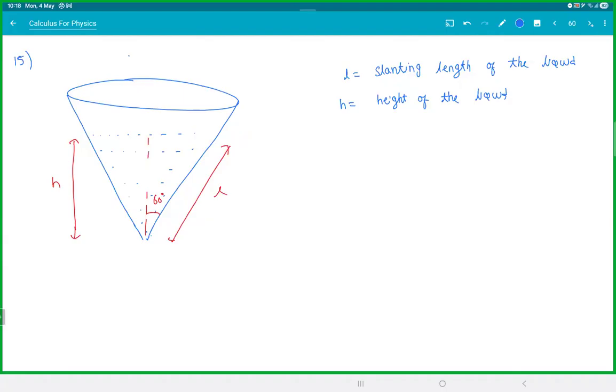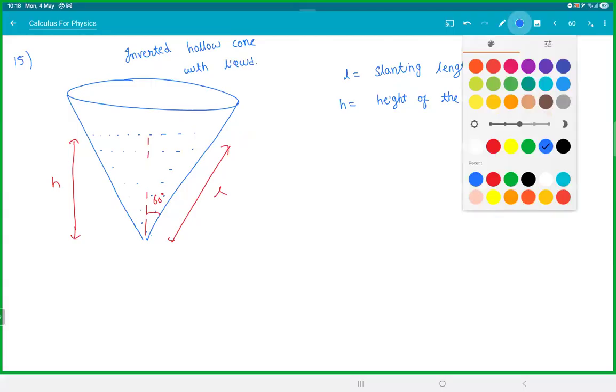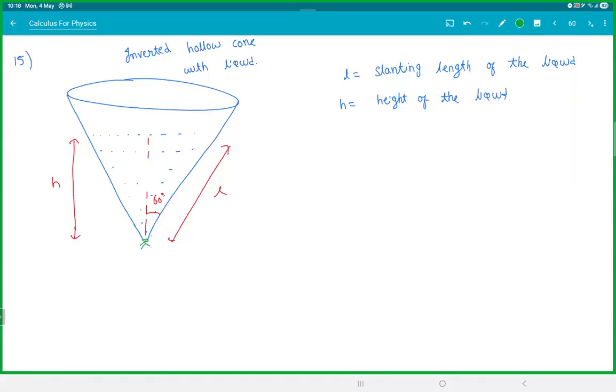This is an inverted cone filled with liquid. There was a small hole at the bottom and the liquid started leaking. The liquid leaks at a rate of 10 centimeter cube per second.